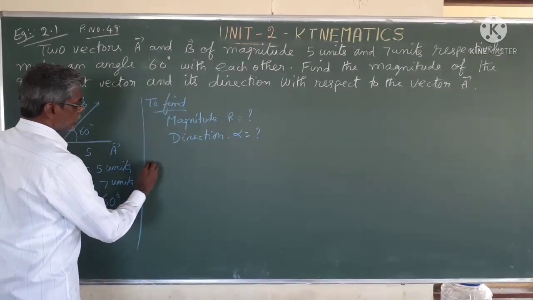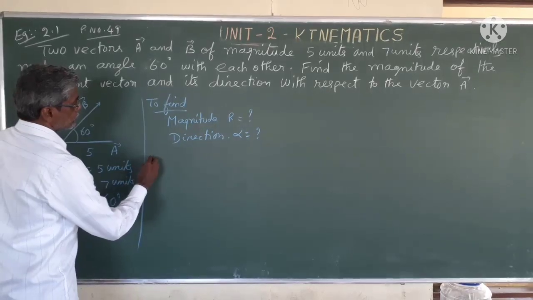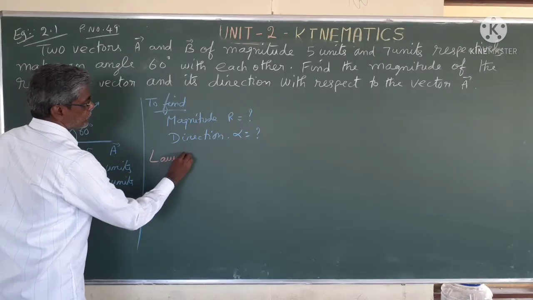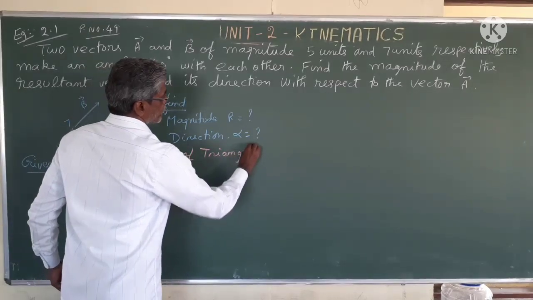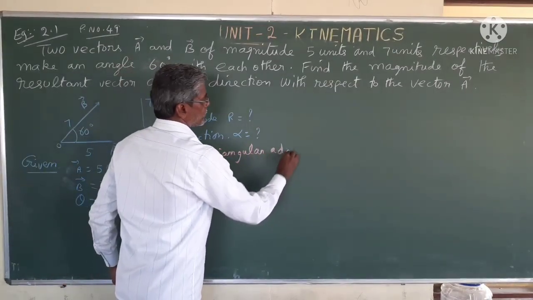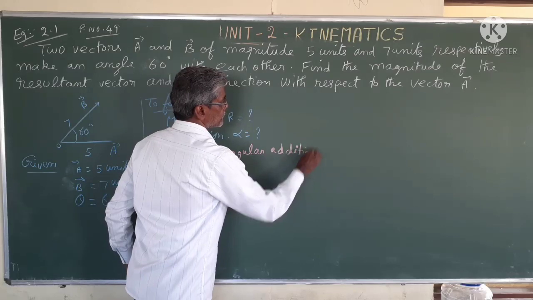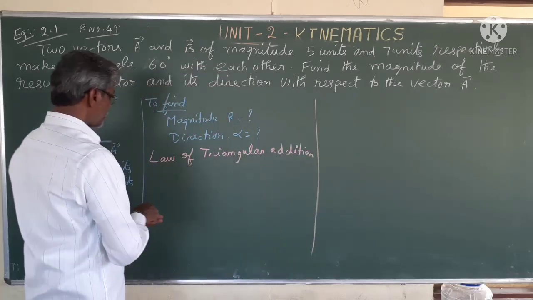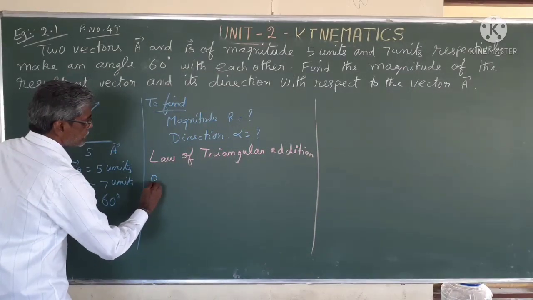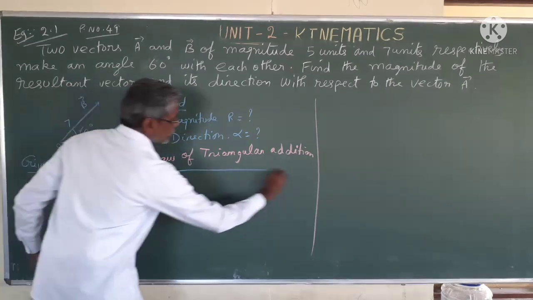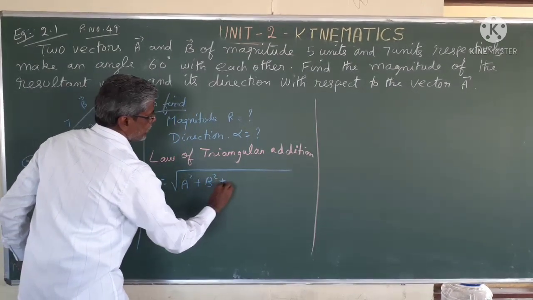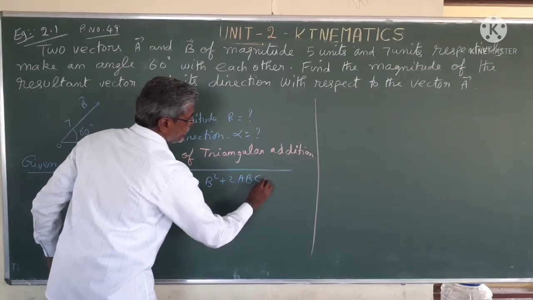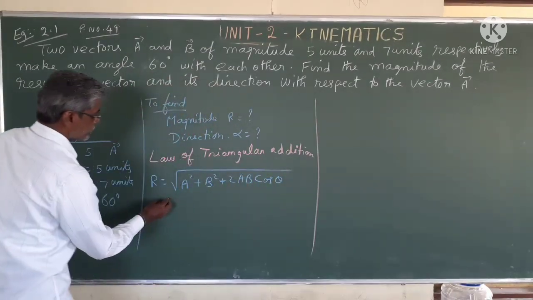So we know that according to the law of triangular addition method, R is equal to square root of A square plus B square plus 2AB cos theta.